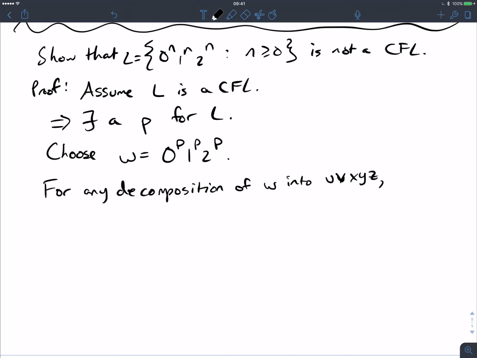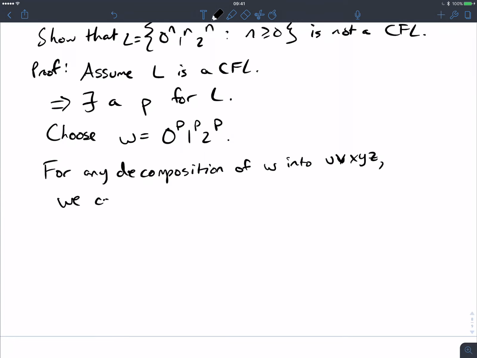Yeah, it could straddle between the zeros and ones. Could it have some of the ones and some of the twos? Yeah. Could it have zeros, ones, and twos? No, why not? It'd be too long. So we can see that VXY cannot have a 0, a 1, and a 2. It may have two of those characters, but it can't have all three of them.